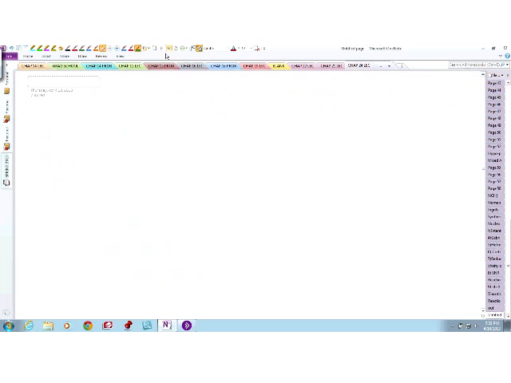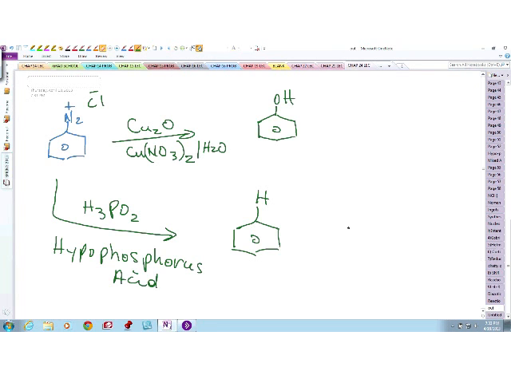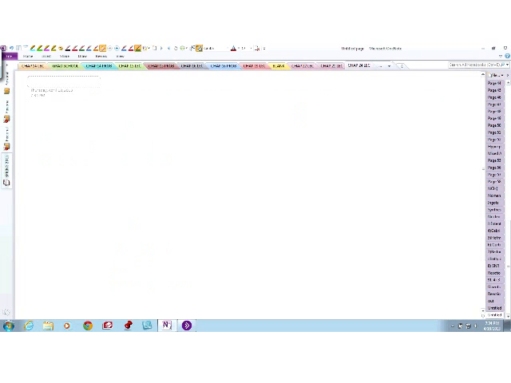Okay. So these are all the various reactions of the diazonium ion, right? Now, okay, you got this? One more reaction. This is very important. One more reaction. Okay.